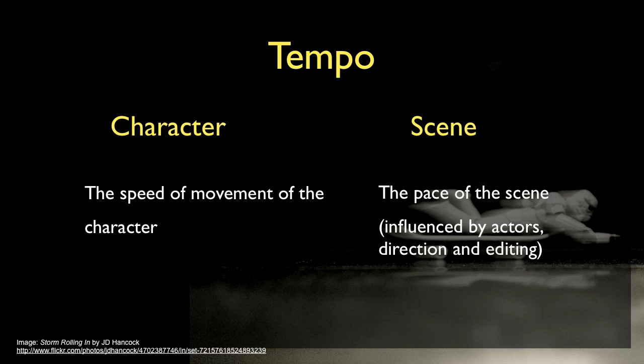So the clip that we just looked at, the tempo was predominantly the influence of the scene, the director, the choice of music, the choice to slow down and run that whole thing in slow motion. But if you looked at the characters, they were also doing some lovely tempo work as well. So even though the whole scene was in slow motion, within each character they had their own tempo.